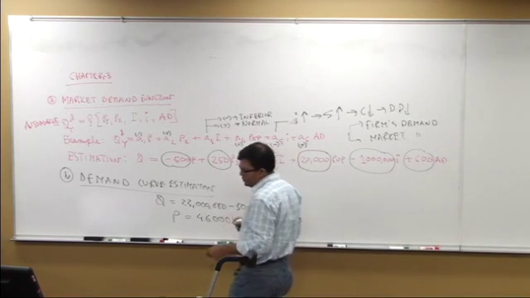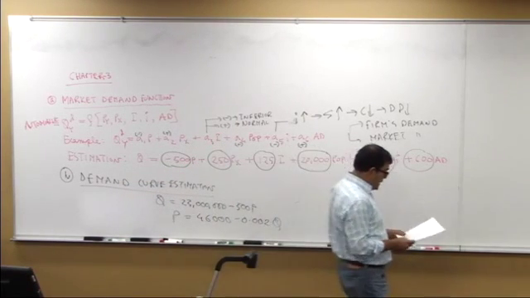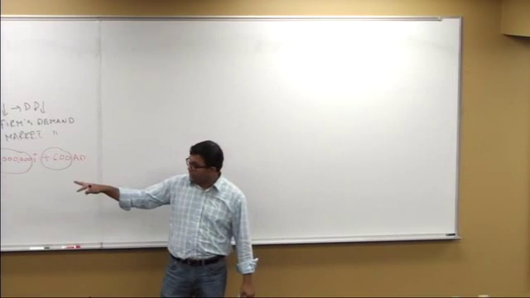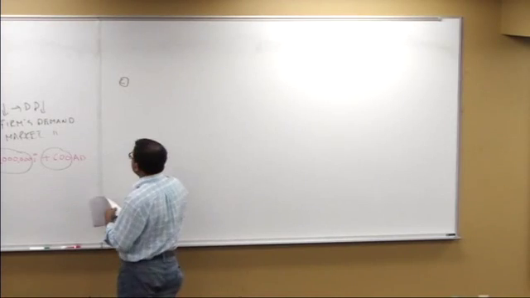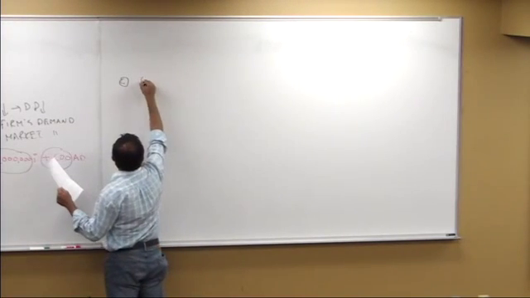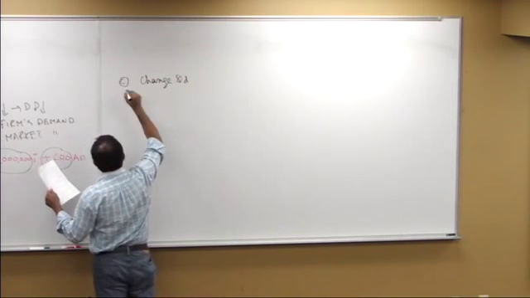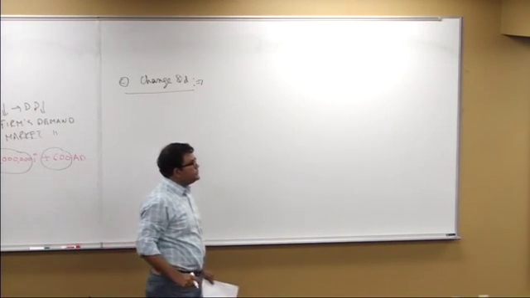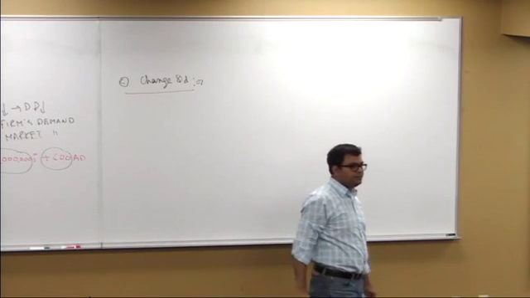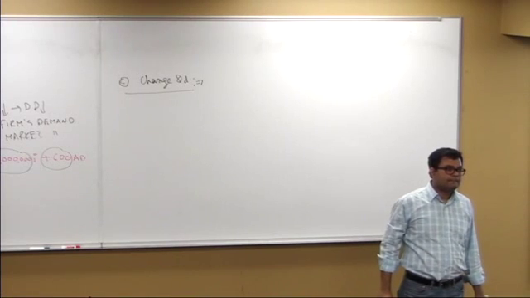Then we go to my estimation of the demand curve. Obviously, after you are able to estimate a demand curve, the next thing you need to do is understand how your quantity demanded can change. So, how can my quantity demanded change?